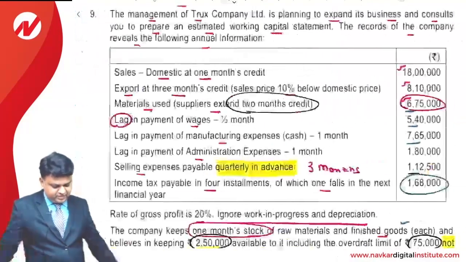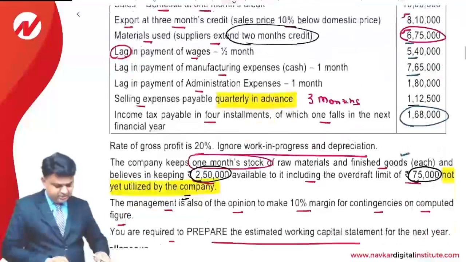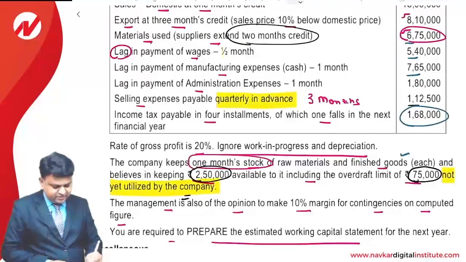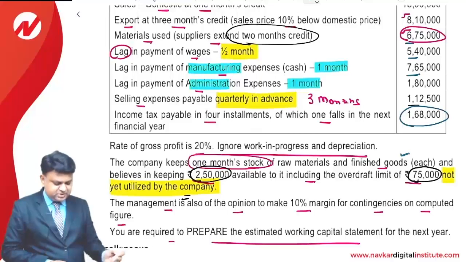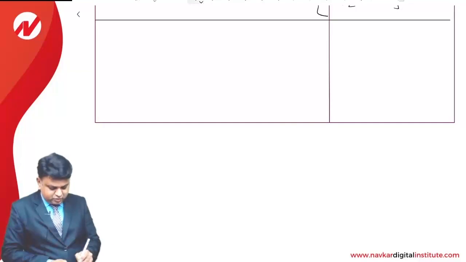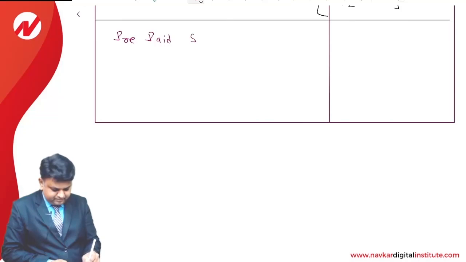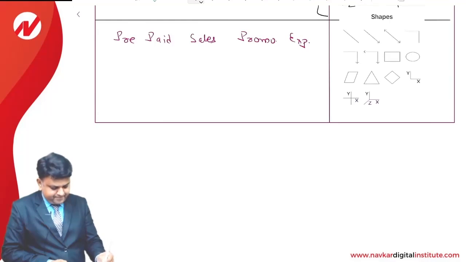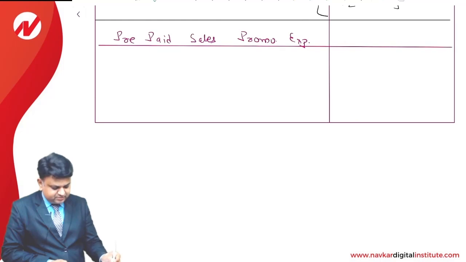Okay. Afterwards, we have been provided with the information about the lag in the wages is half month, lag in the payment of the manufacturing expenses is 1 month, administration expenses is 1 month, and there is prepaid sales promotion expenses. So prepaid sales promotion expenses, that is the part of the current assets.